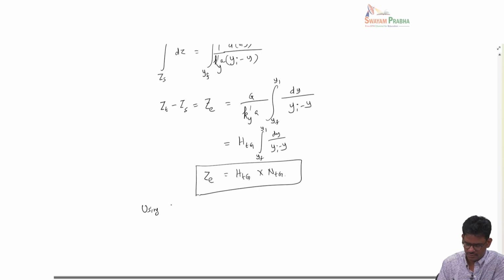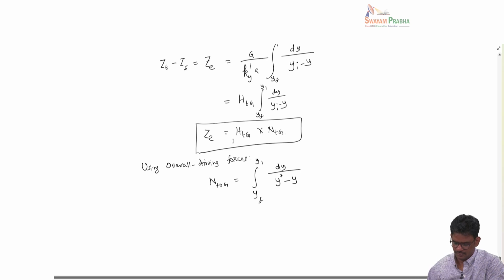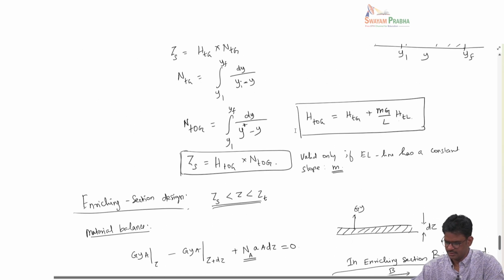So using overall driving forces, we can write NTOG as the integral from YF to Y1 of dy by (Y star minus Y), and HTOG as HTG plus mg by L or ml by G, G by L.